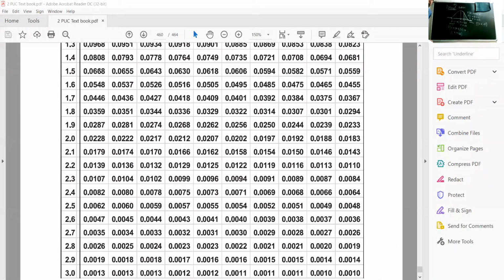So this is 1.50, this is for 1.51, 1.52, and so on. My value is 1.5, which is 1.50. So the area from 1.5 to infinity is 0.0668. This is the probability.